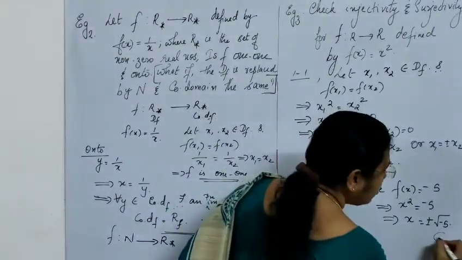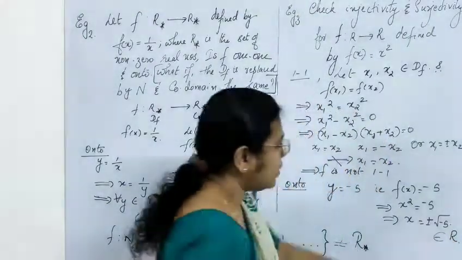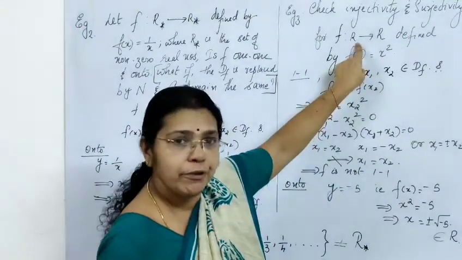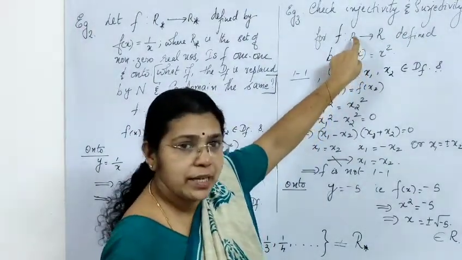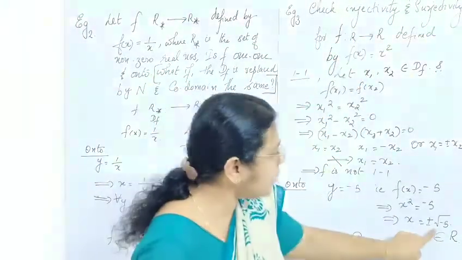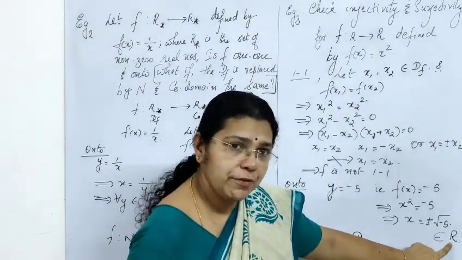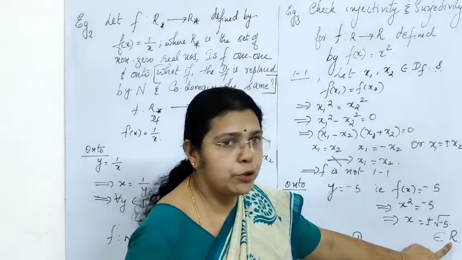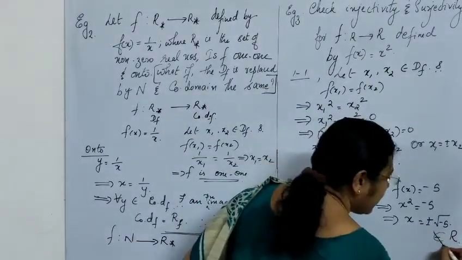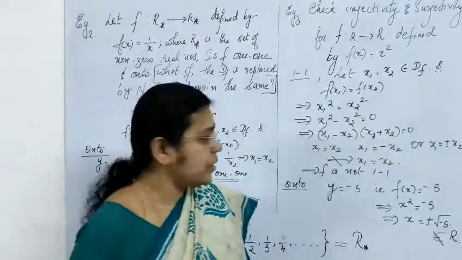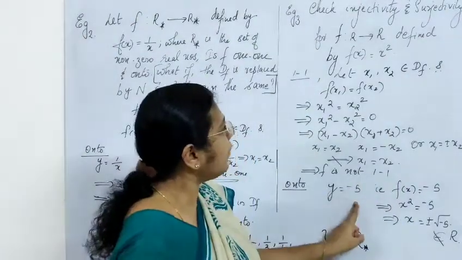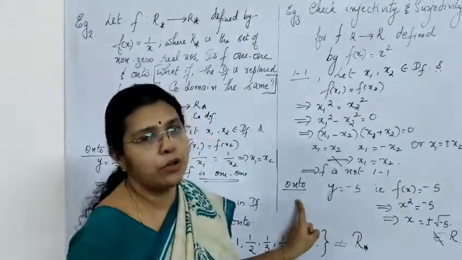Does this belong to the set R? This R is the set of real numbers, which is the domain of the function. Does this expression belong to the set of real numbers? No. That means this function is not an onto function.